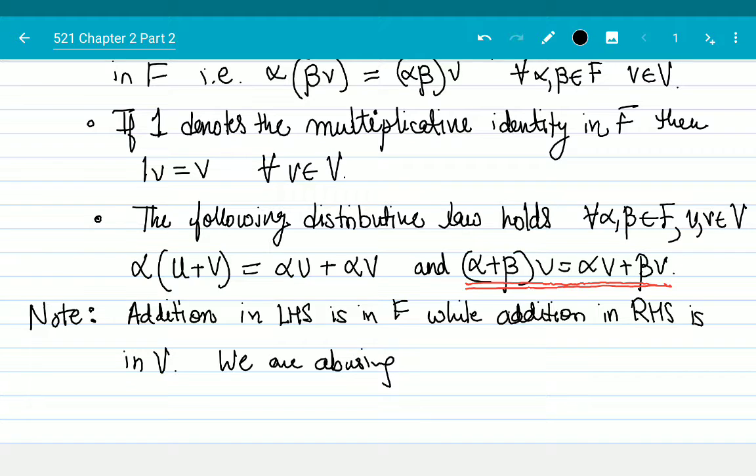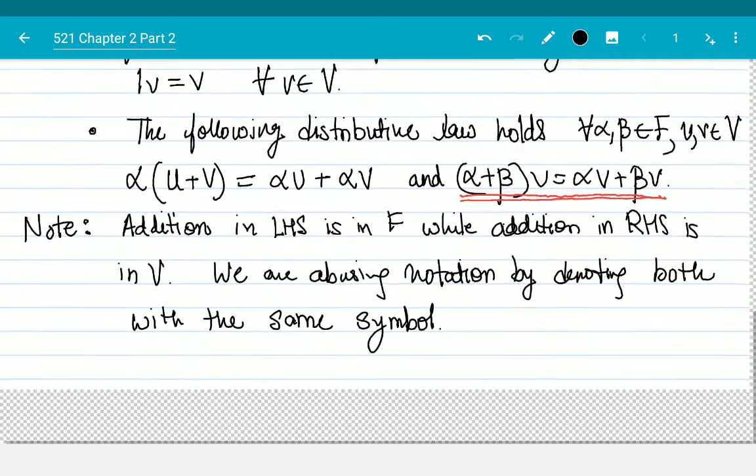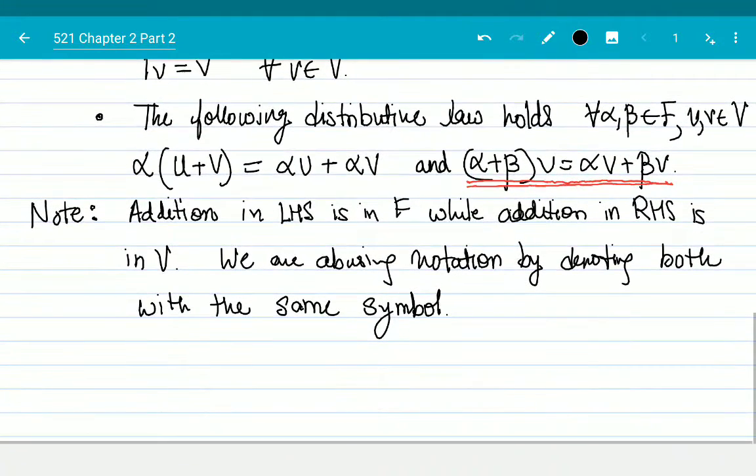Technically these two are very, very different operations.